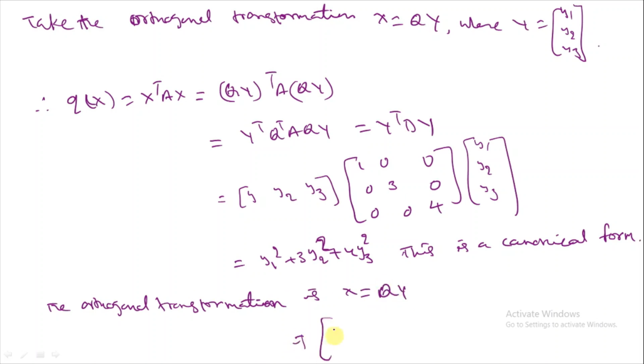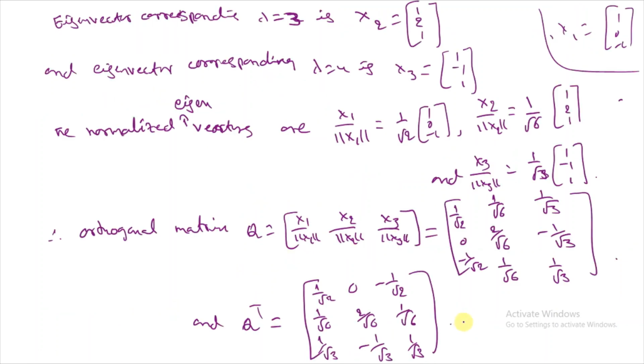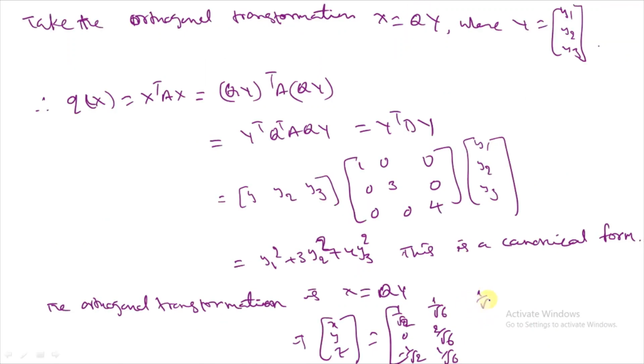That implies x, y, z equals Q times y, where Q is 1 by root 2, 0, minus 1 by root 2; 1 by root 6, 2 by root 6, 1 by root 6; 1 by root 3, minus 1 by root 3, 1 by root 3; and y is y1, y2, y3.